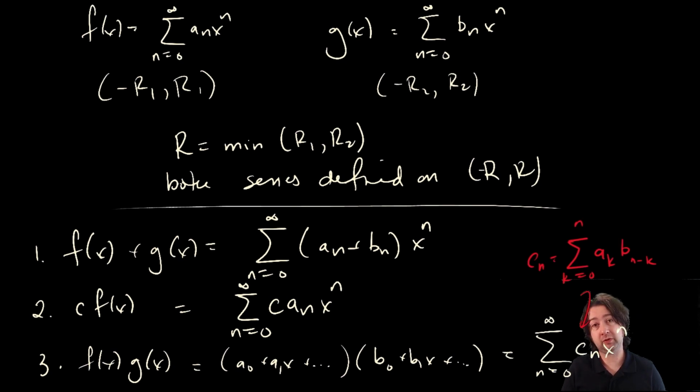So the coefficients of the product series, the c n's, are gotten by taking the polynomials, multiplying them out and collecting like terms, and what you'll see is you're going to get patterns like a0 times b3, a1 times b2, a2 times b1, a3 times b0. And that's all that this formula right here actually represents, that combination of terms.